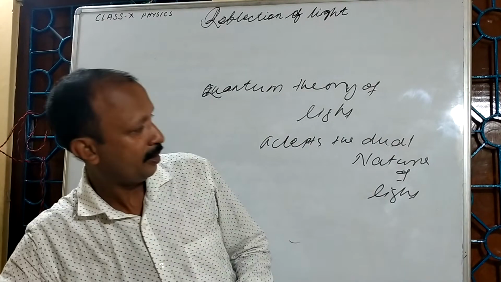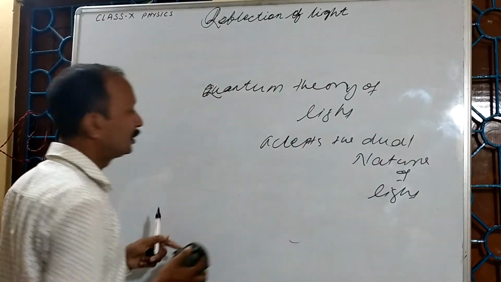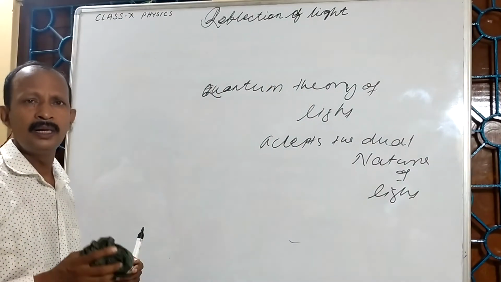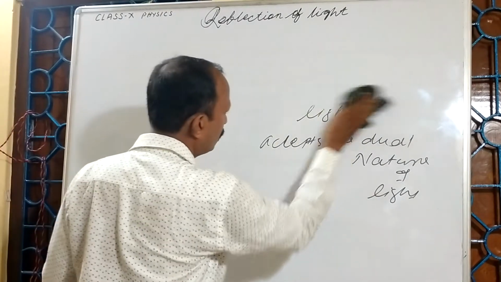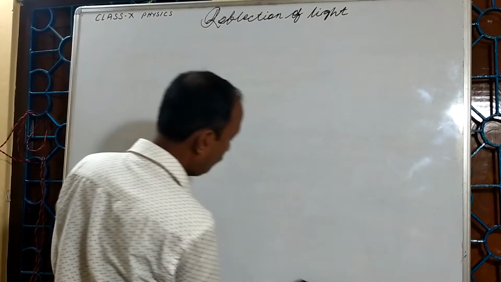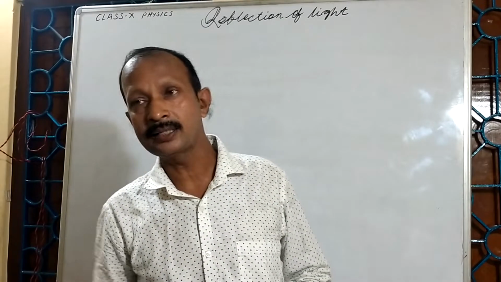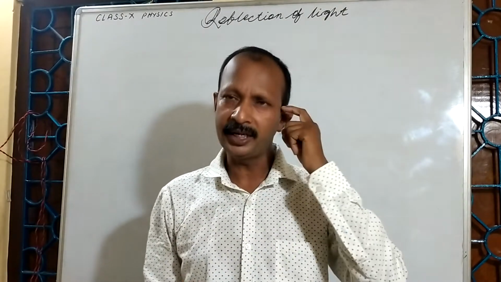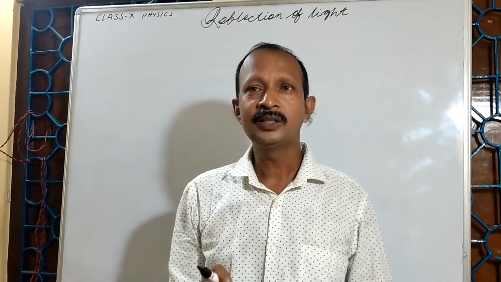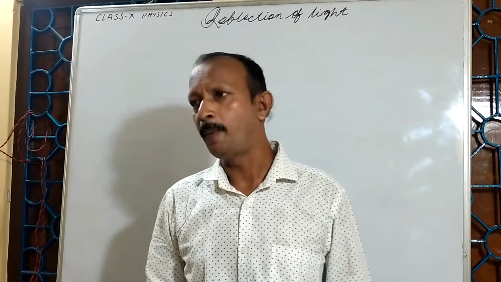So the modern theory of light accepted the dual nature of light. One is the wave nature, one is the particle nature. Since this is the introduction class, I will prefer to restrict myself within the periphery of the topic.